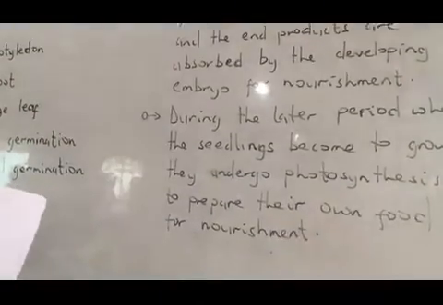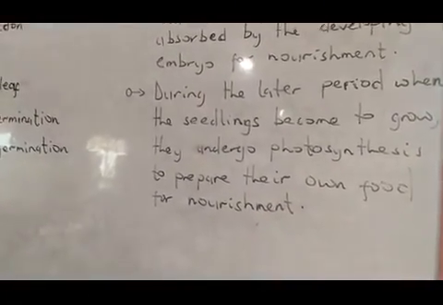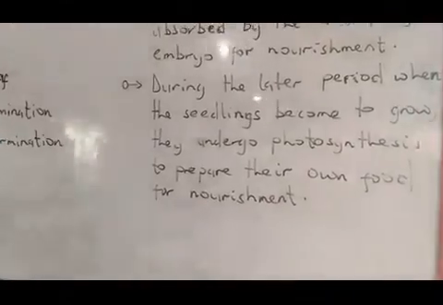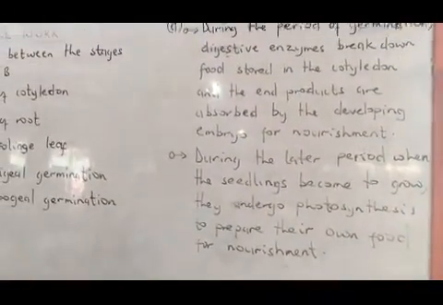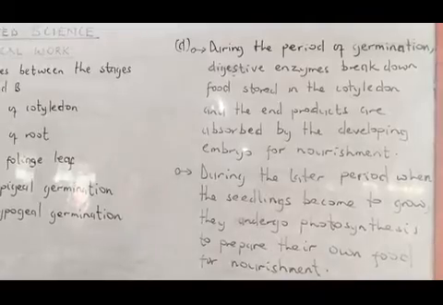Okay, so those are the two ways in which the embryo and the seedlings obtain nourishment.